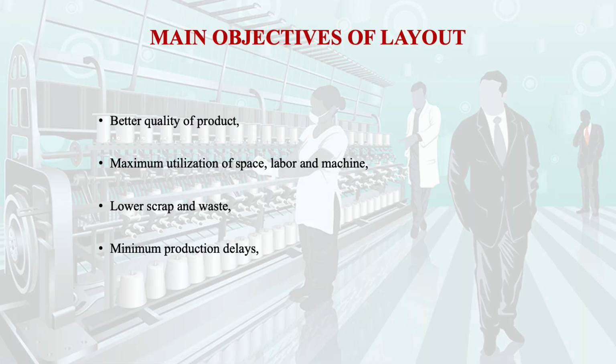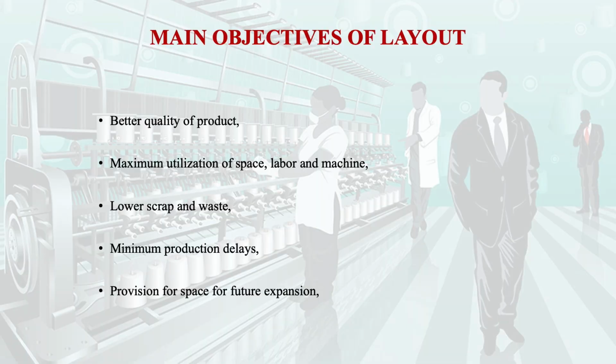Minimum production delays. You will appreciate that if the workstations are kept in a proper way, and the movement of material or product from one station to another is proper, then the total time for production can be minimized. Similarly, if we want expansion, there should be some space so that if there is a need in the future, we should be able to expand our facilities.